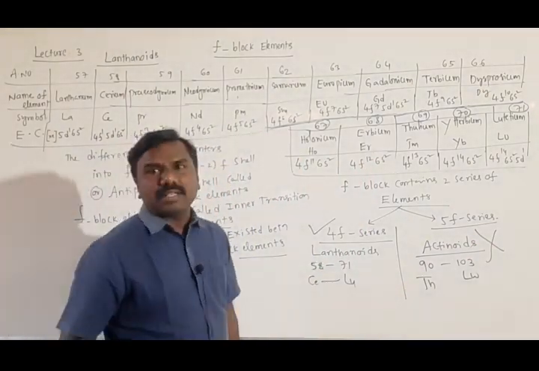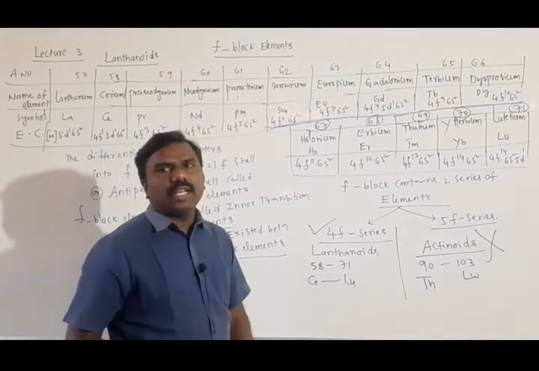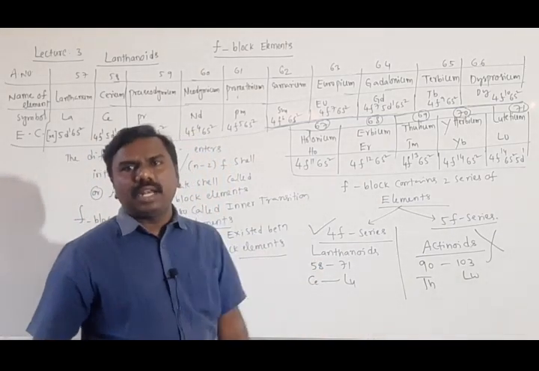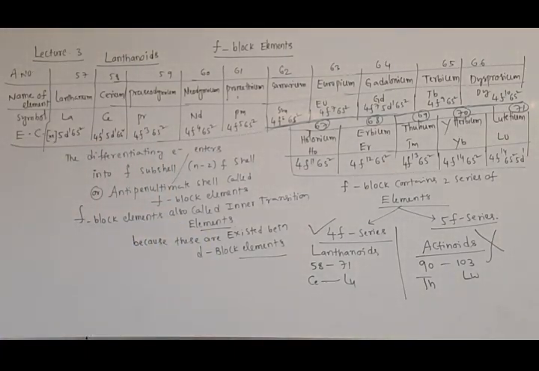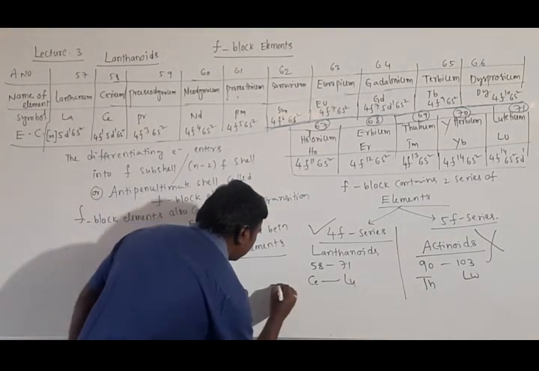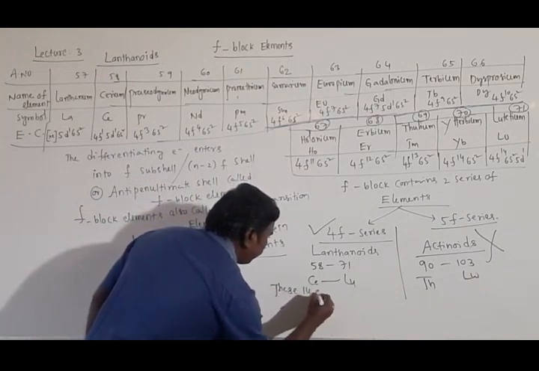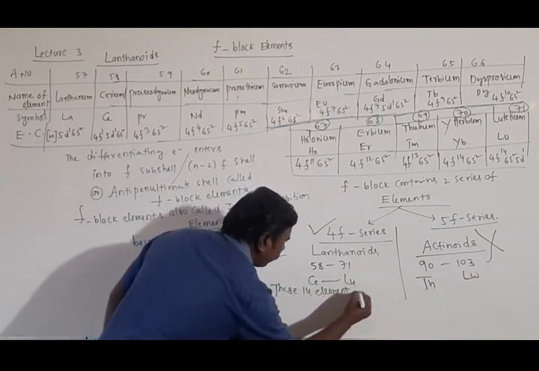Why were they named as lanthanoids? These 14 elements follow lanthanum element, that's why called lanthanoids.